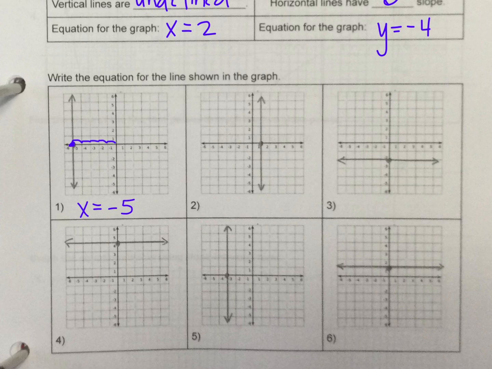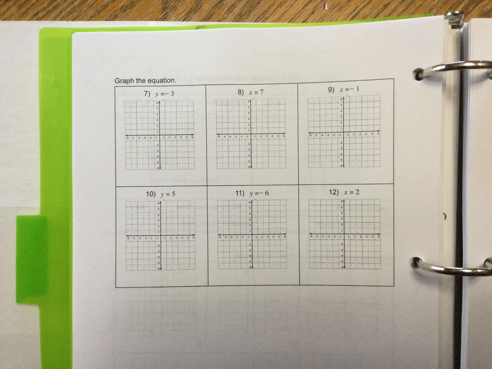This one, it's on the x, so x equals 1. This dot is on the negative 2 and on the y, so y is negative 2. I need you to do 4, 5, and 6 and flip over to the next page.